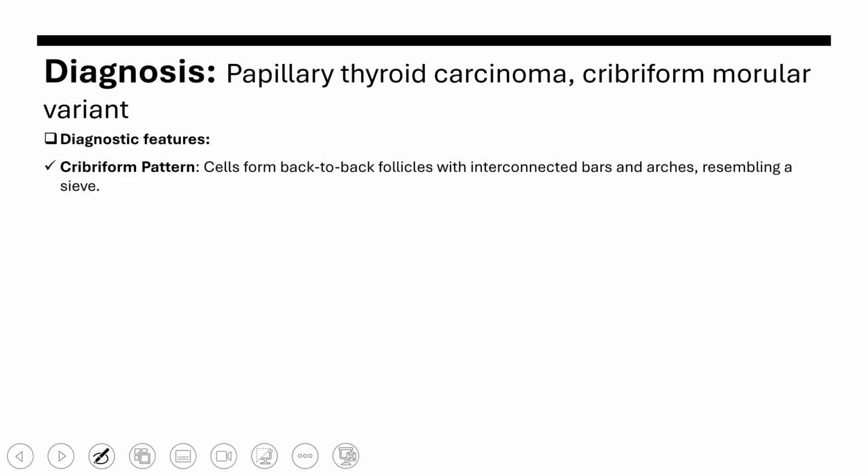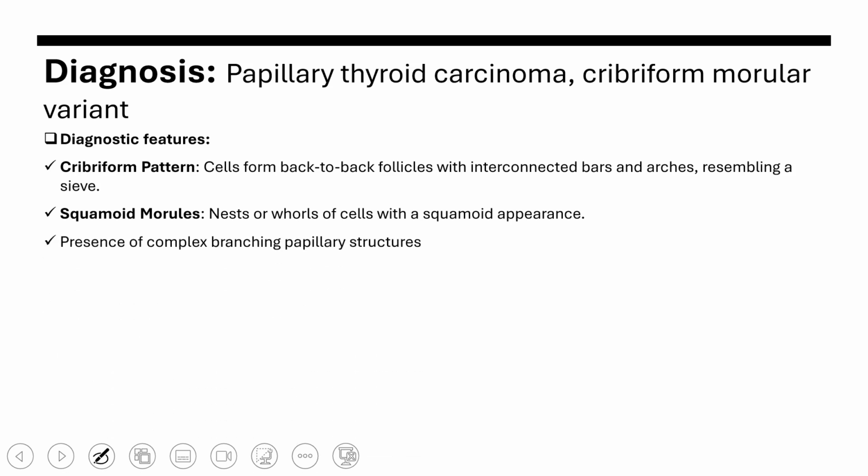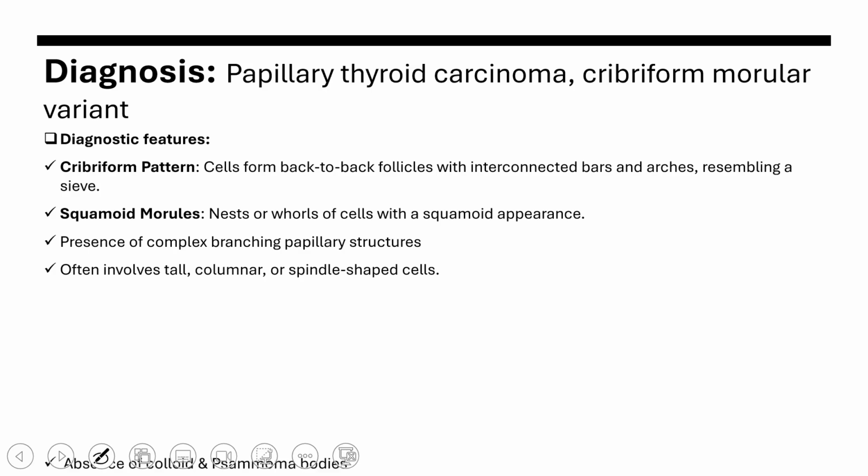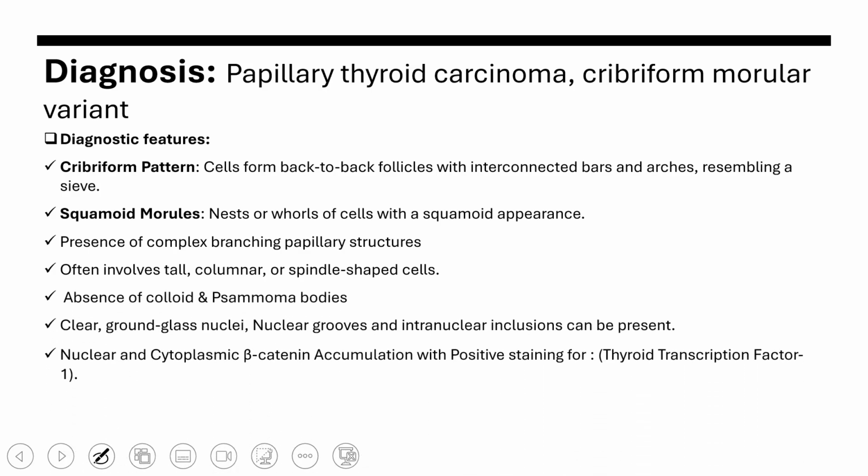The cells are packed into morules, which form a nest-like structure with a squamoid appearance, and there are complex branching papillary structures, often involving tall columnar or spindle-shaped cells. Similarly, there is nuclear and cytoplasmic beta-catenin accumulation with positive staining for thyroid transcription factor 1.